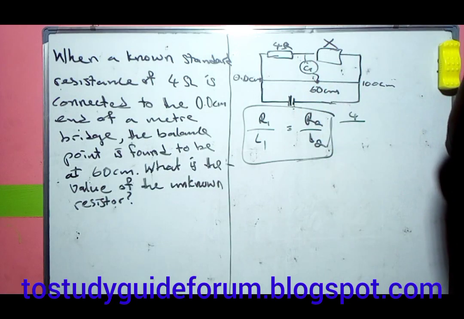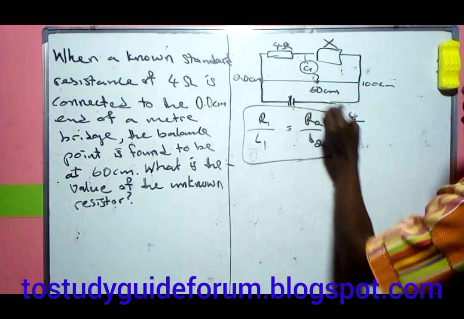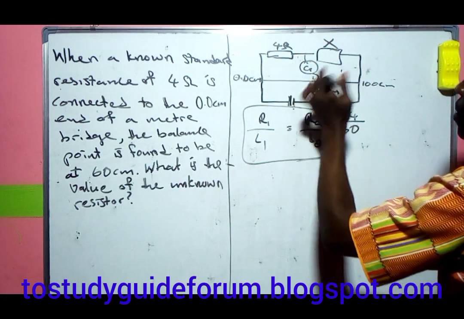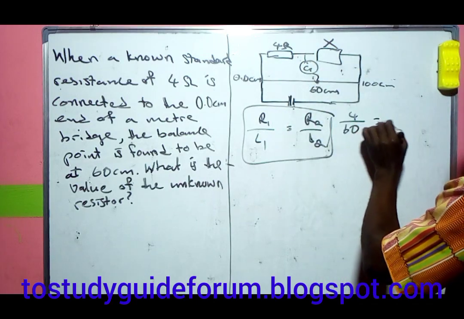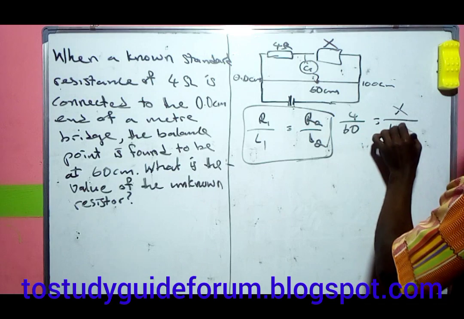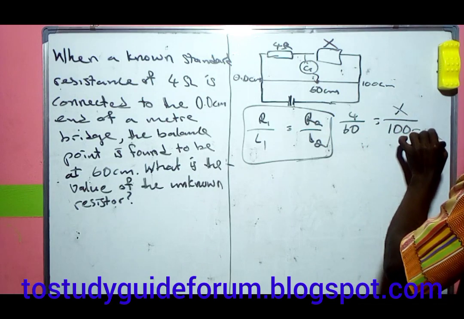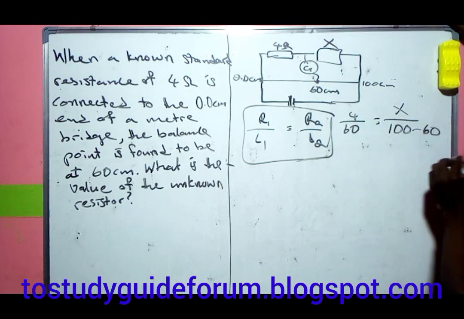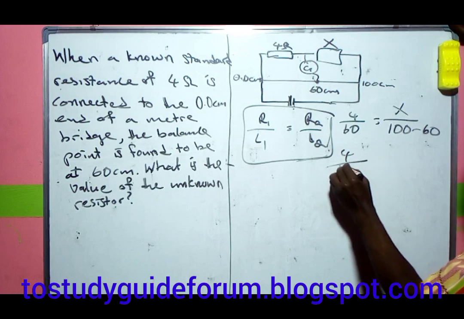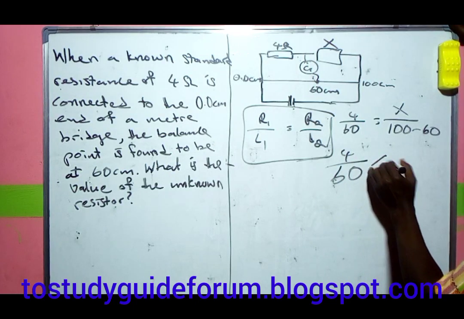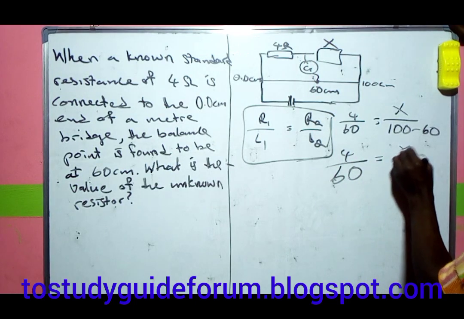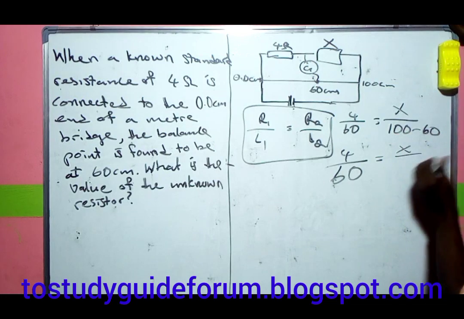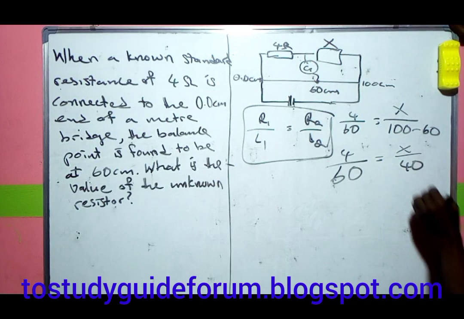This length is 60. Then this other one would be x over 100 minus 60. So that's what we have. When we subtract, we have 4 over 60 equal to x over 100 minus 60, which gives us 40.